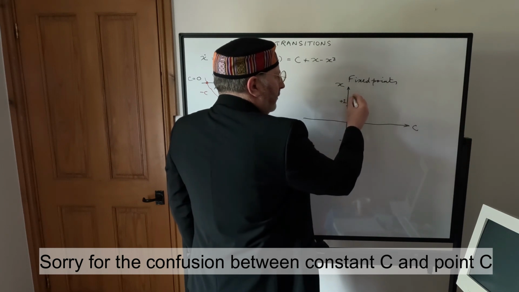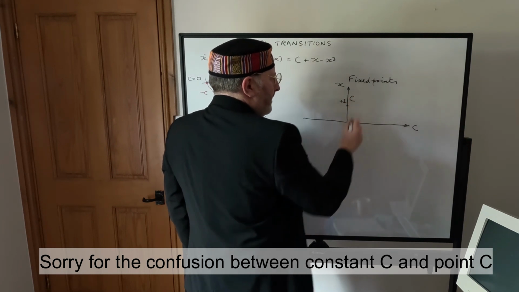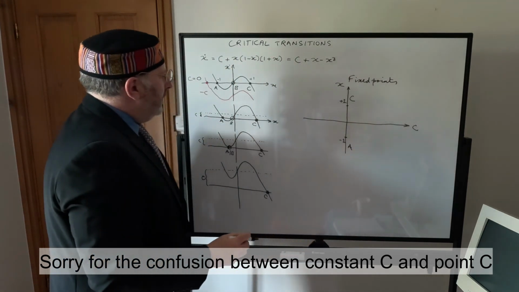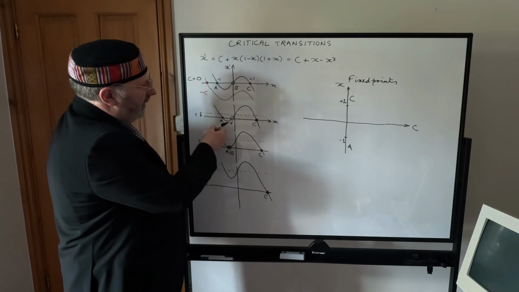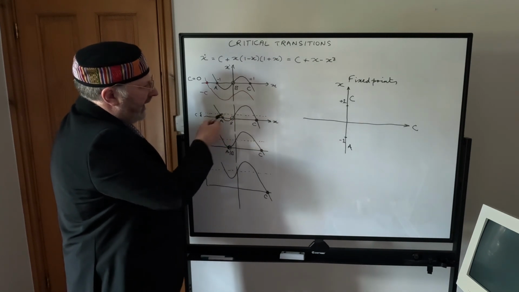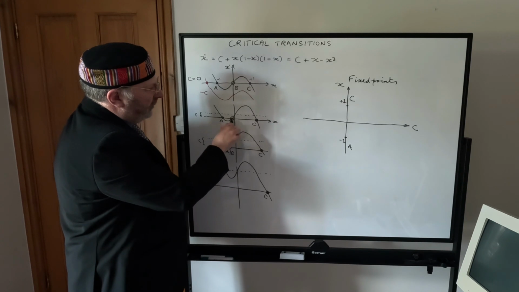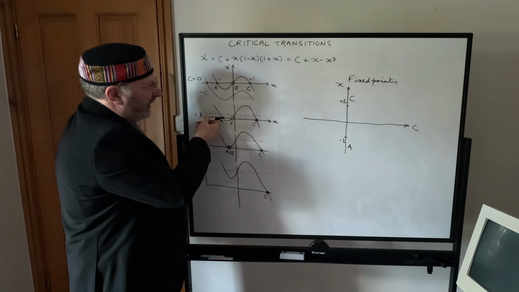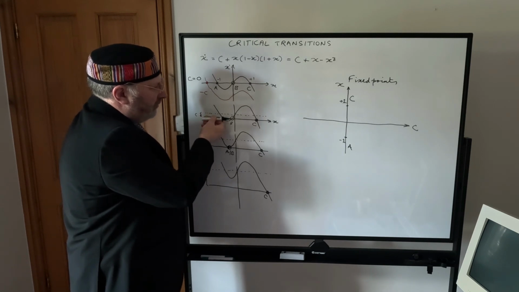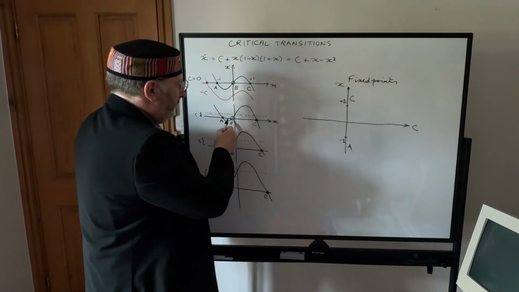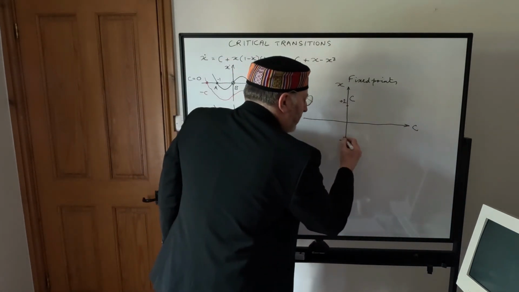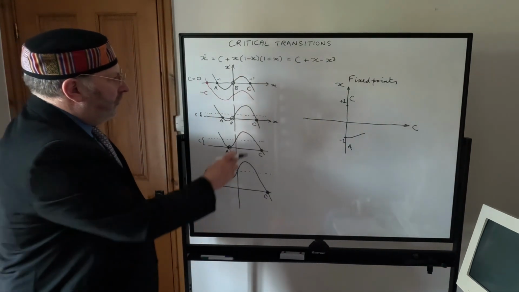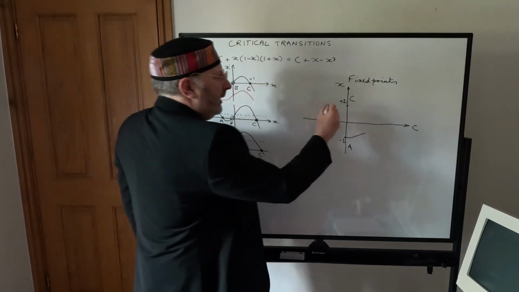And this was the fixed point c, and this was the fixed point a. And as we can see, as c increases, a starts to move towards 0. It's in the negative part of the graph, but it's moving in a positive direction, so it's increasing towards 0. So a is going up here. And we also see that c is going up as well.